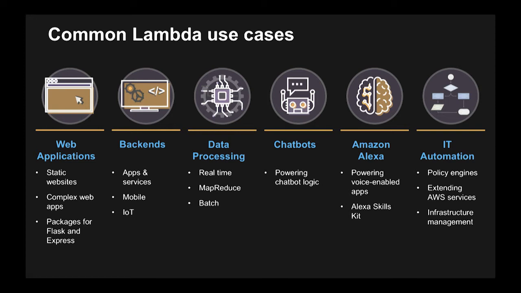Each of these 6 use cases has unique architectures, unique other services that they will interface with, but again, all powered by Lambda. So if we think about doing CI and CD for these 6 different use cases and workflows, there's actually a lot of different options and a lot of different things that we have to take into account. And so in today's talk, I'm going to talk mostly about the general broad strokes of how you can think about CI and CD for serverless applications.